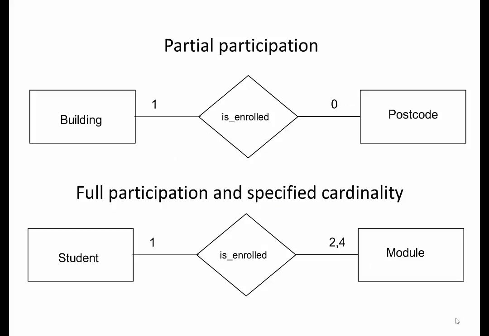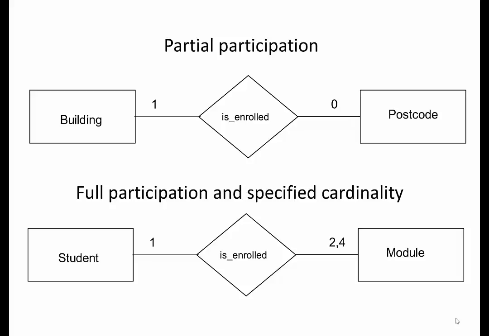But in modern terminology or syntaxes, we sometimes get more subtle relationships that we can define. So some relationships have what we call partial participation. A partial participation relationship is where, for one of the entities, the relationship may not exist.